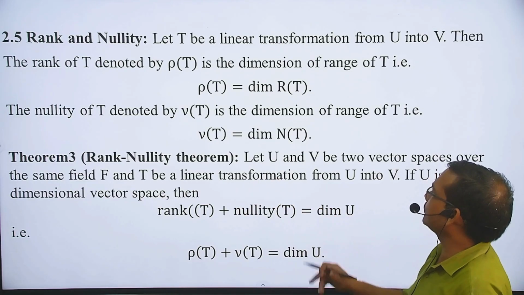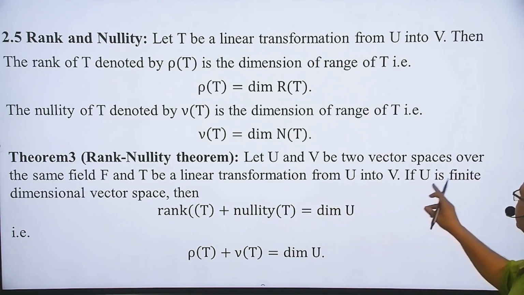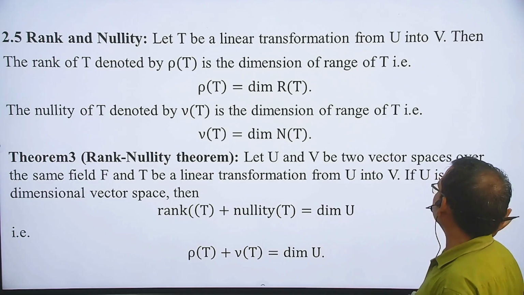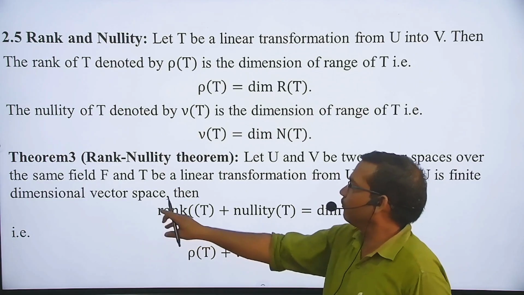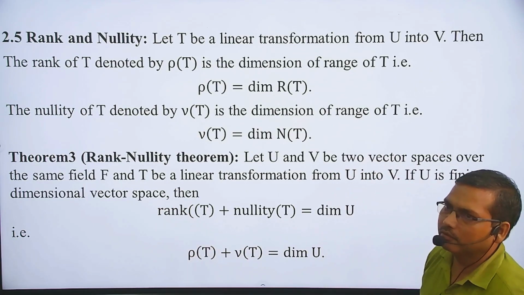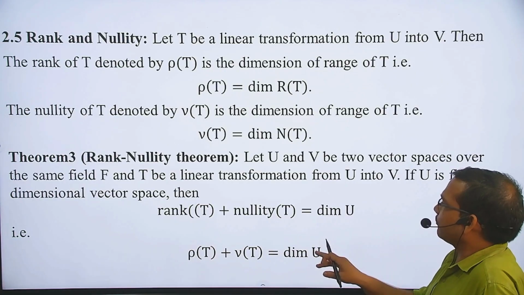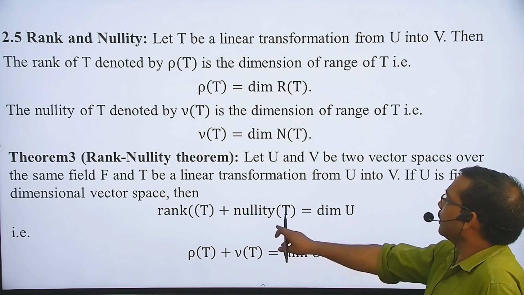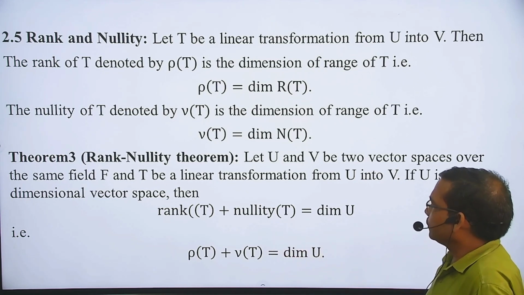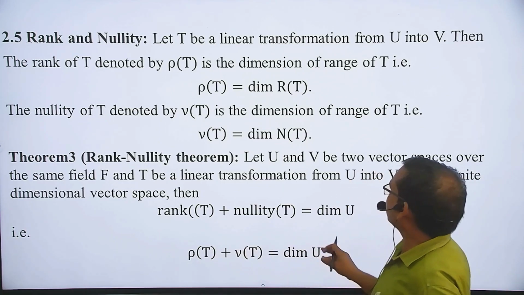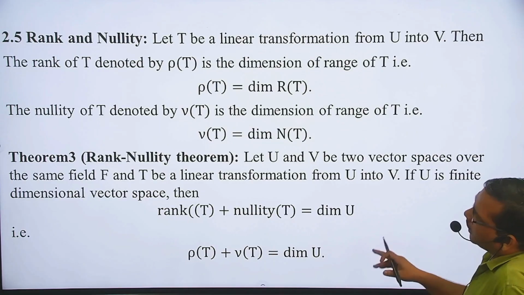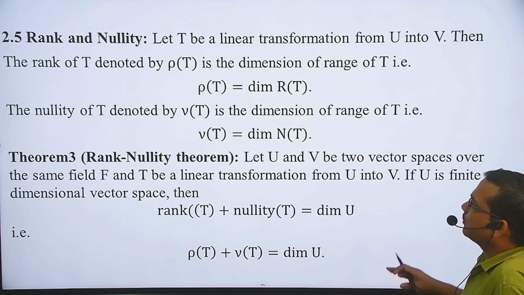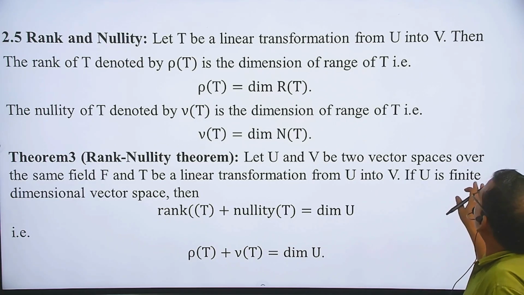Theorem 3, rank nullity theorem: let U and V be two vector spaces over the same field F, and T be a linear transformation from U into V. If U is a finite dimensional vector space, then rank of T plus nullity of T is equal to the dimension of U. The rank nullity theorem fails when U has infinite dimension. In the case of infinite dimension, this theorem does not hold.